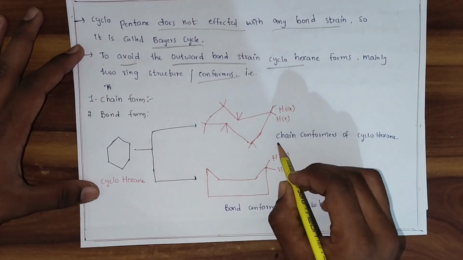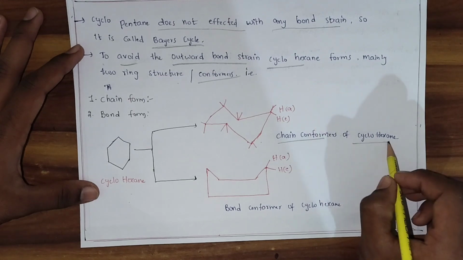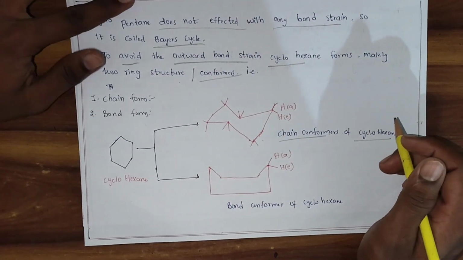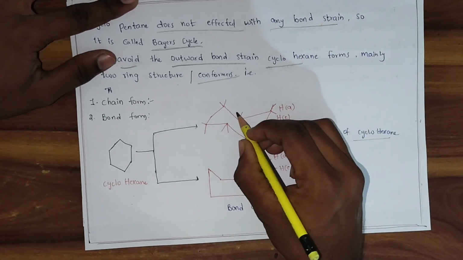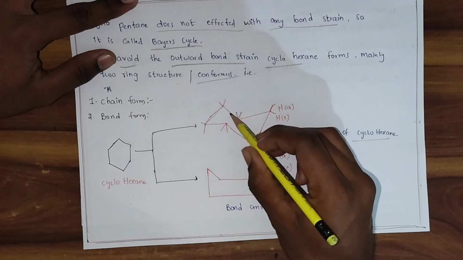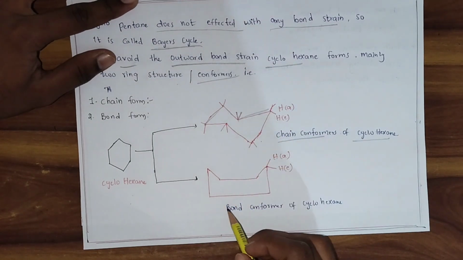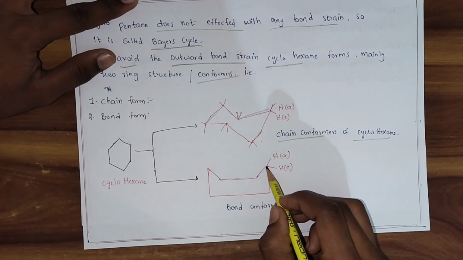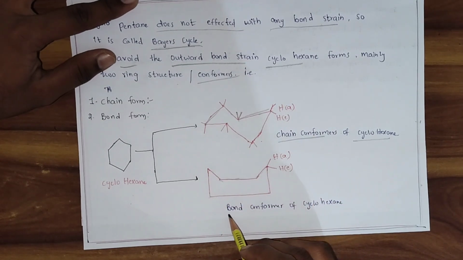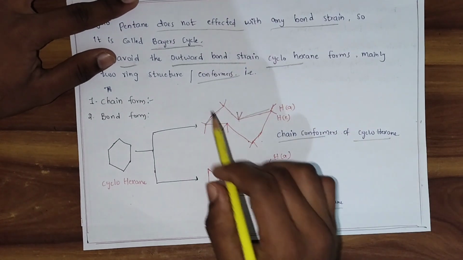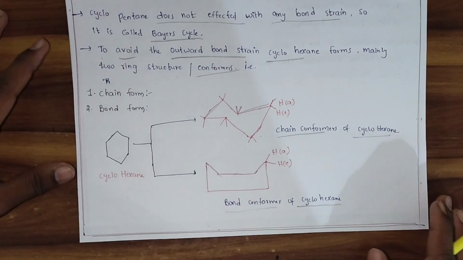This is the chair conformer of cyclohexane, or chair ring structure. But in this form there are no chairs, it is formed with boat shape, so it is called the boat conformer of cyclohexane. These are the two ring structures or conformers, you have to remember them.